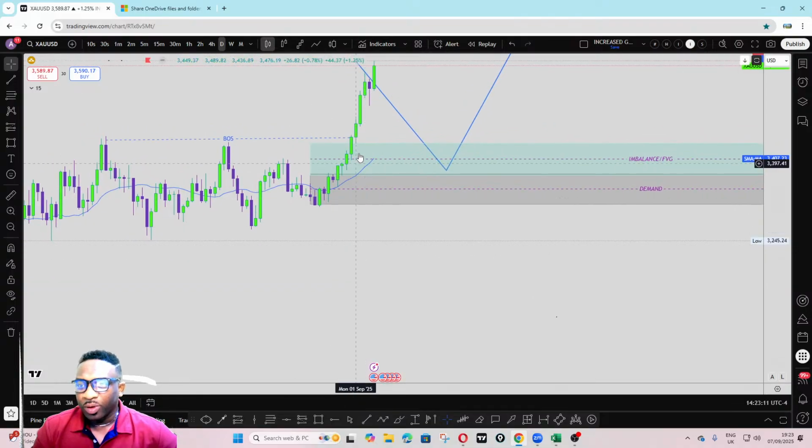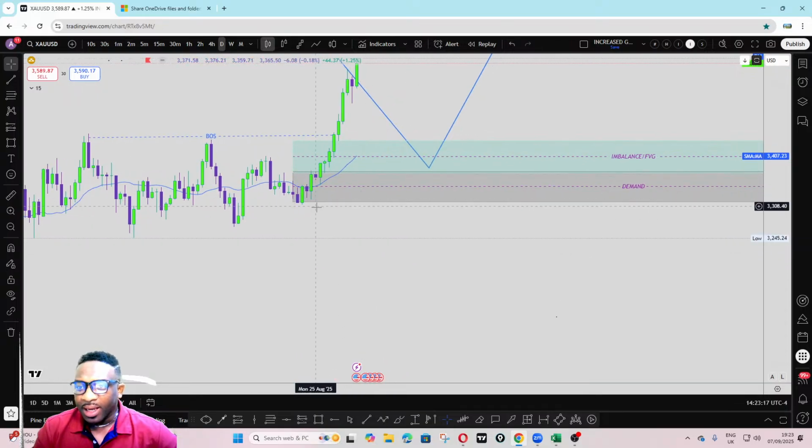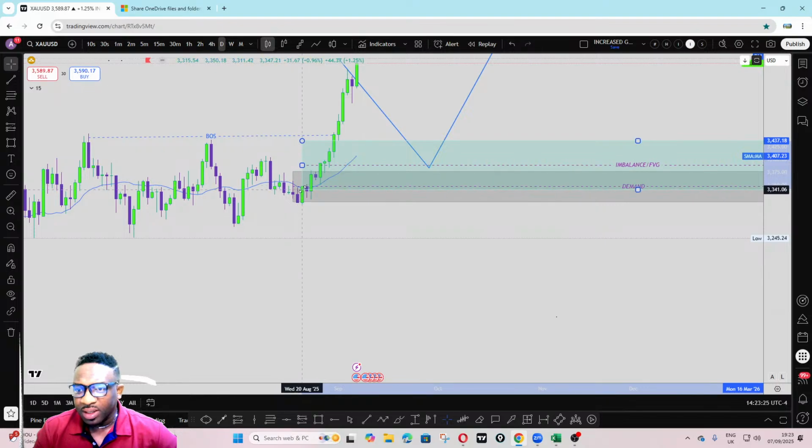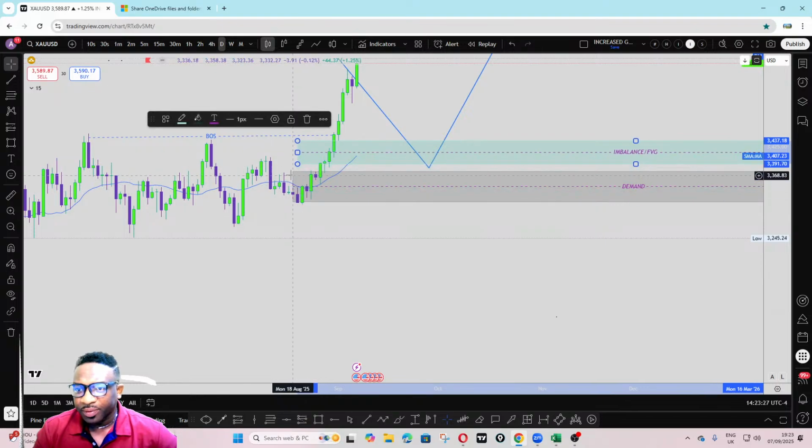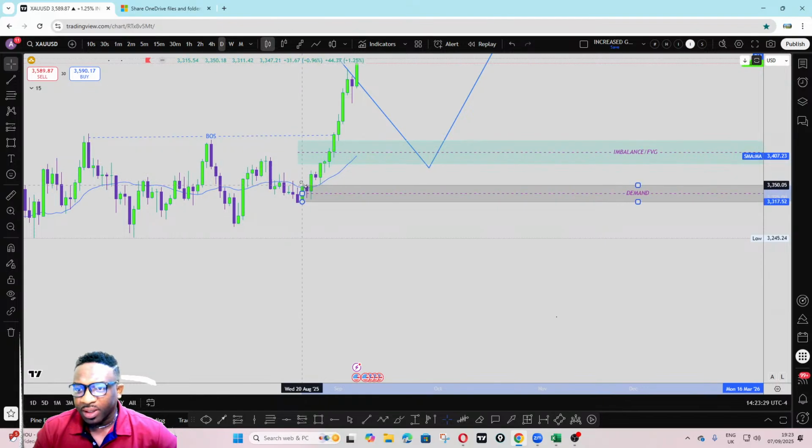So looking at this, the origin of this move is right here. I will further refine this zone to this particular candle here, right here. I'm picking the low and the high of it.